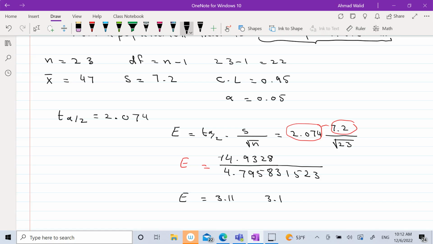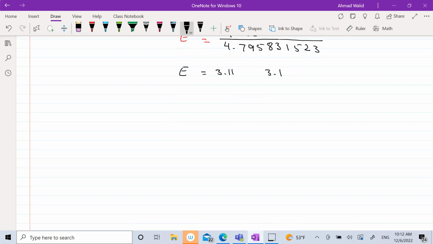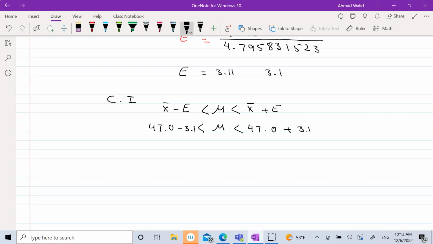Margin of error. Correct? Now I will build my confidence interval, which they asked me to build. Correct? Confidence interval will be mu on this side, x bar plus E, this side x bar minus E. Then mu less than x bar, which is 47.0, plus E 3.1, on this side 47.0 minus 3.1.